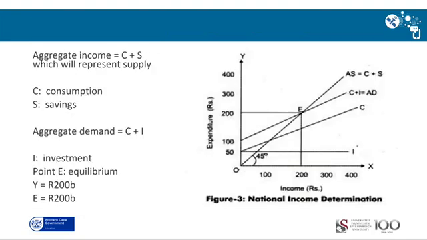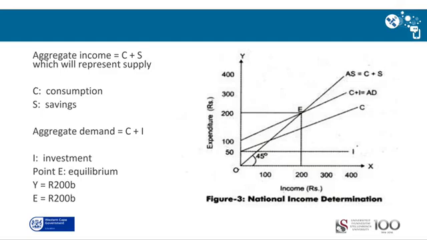If you have a look at the graph, this is what we do to determine our national income. You see there's a 45-degree line.